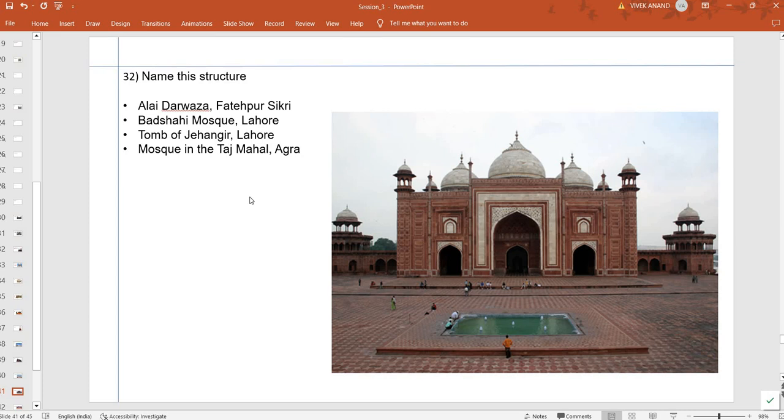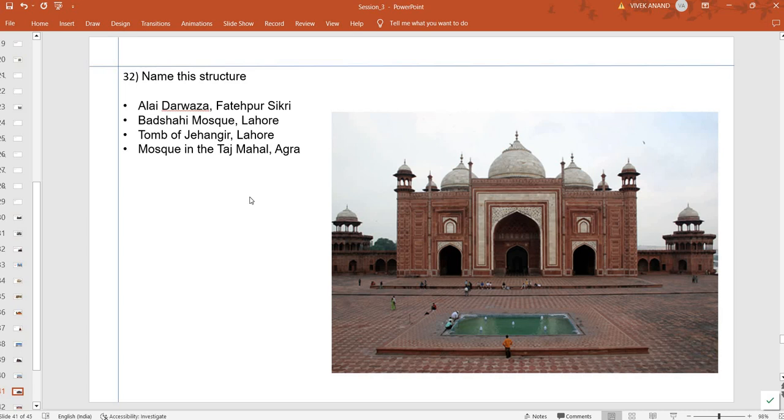Name this structure. Badshahi Mosque, Lahore. Sure. Yes. Why not? A mosque in Taj Mahal. Why tell one, Badshahi Mosque or tomb in Taj Mahal?